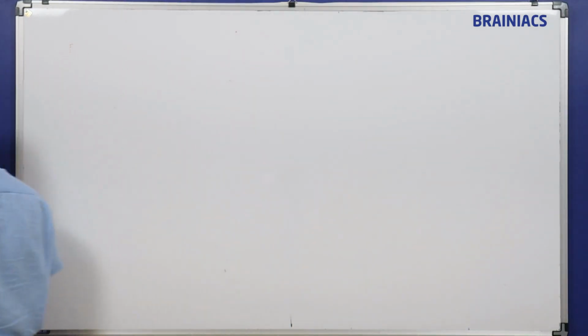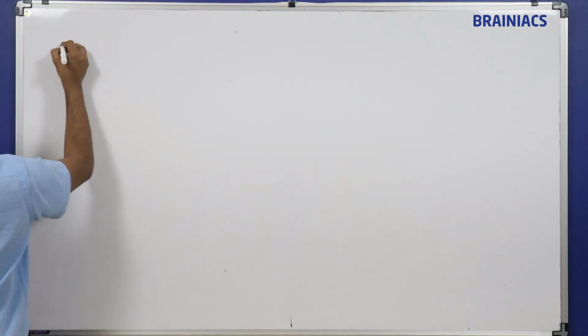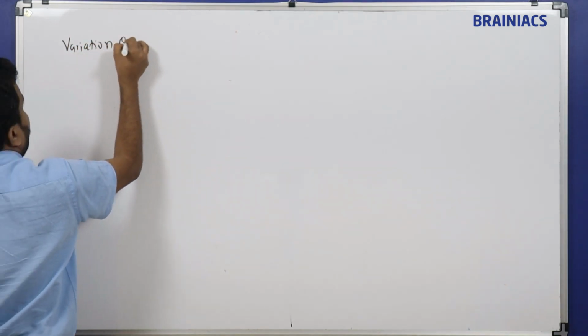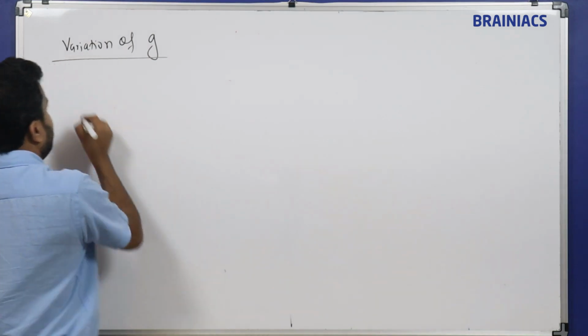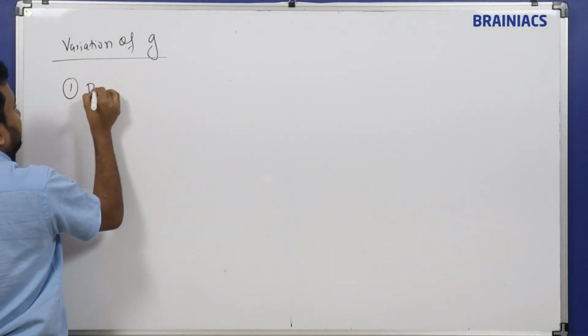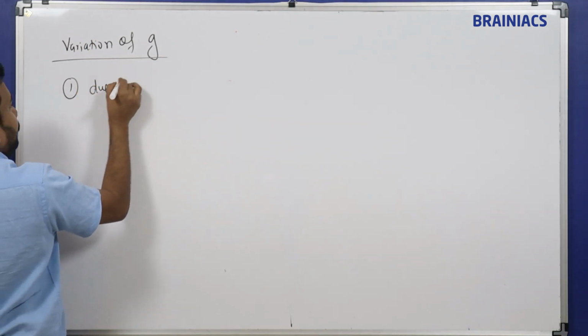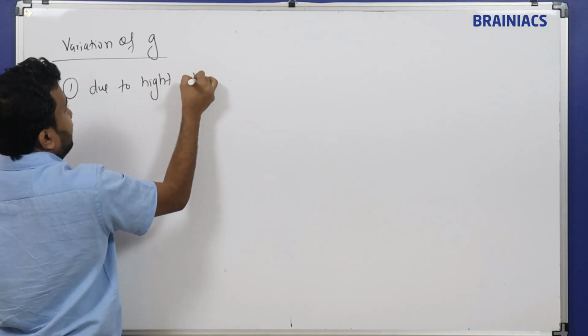Okay, so the first one, you can write the main heading: Variation of G. First, due to height above earth surface.